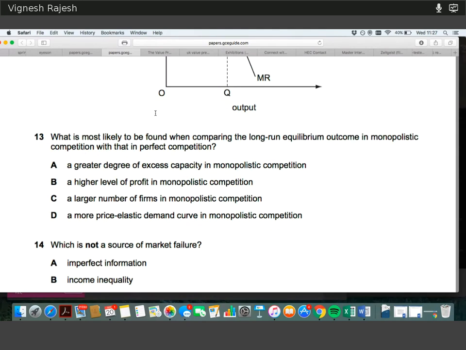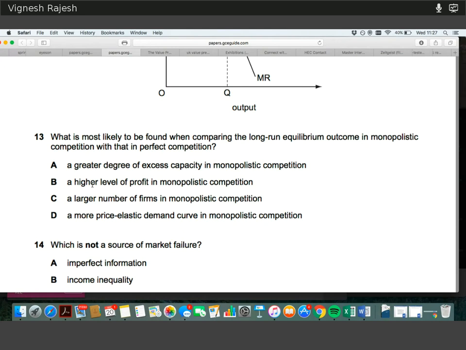Okay, 13. What is most likely to be found when comparing the long run equilibrium compared to that with perfect competition? One second, I missed this question. Okay, so the answer is actually quite simple.